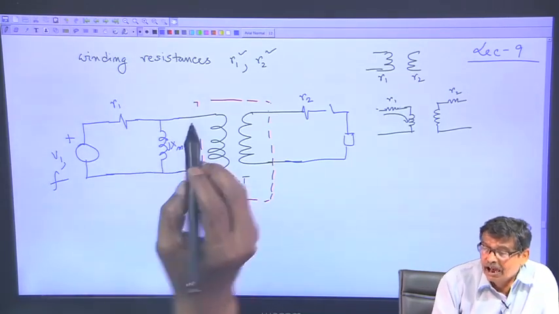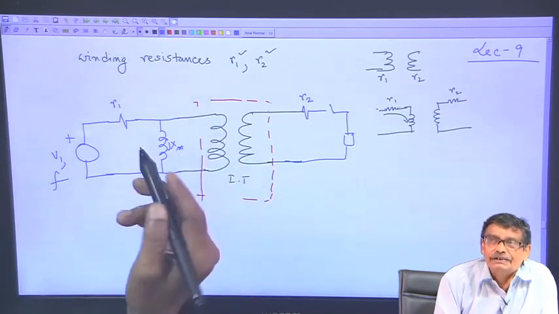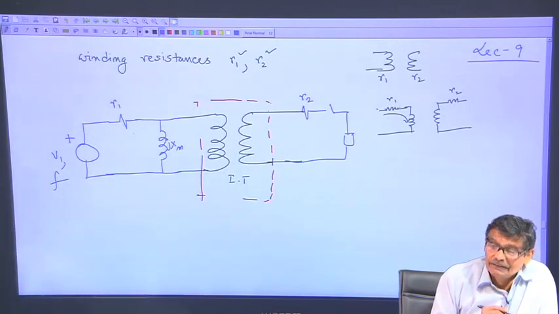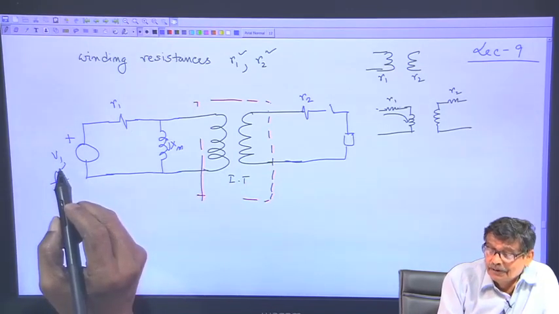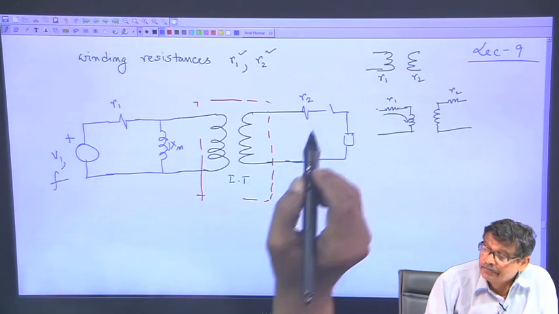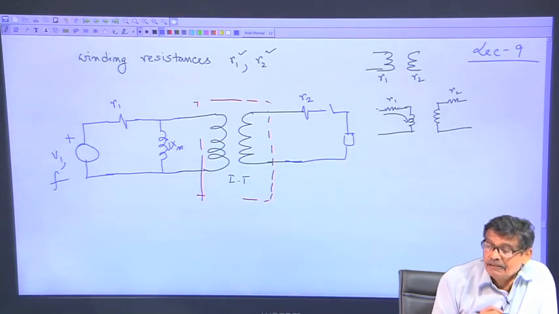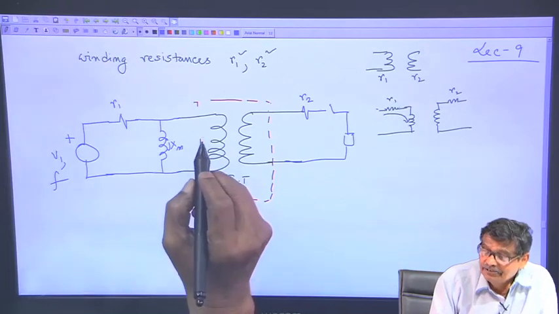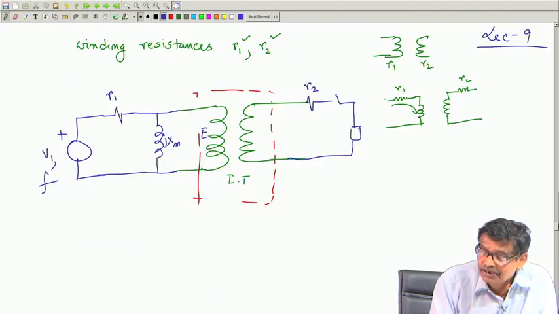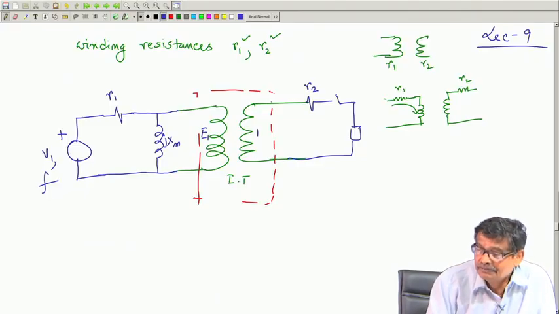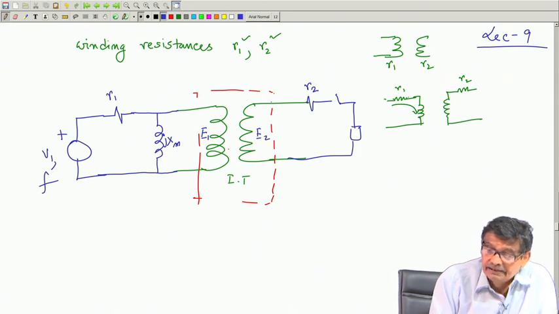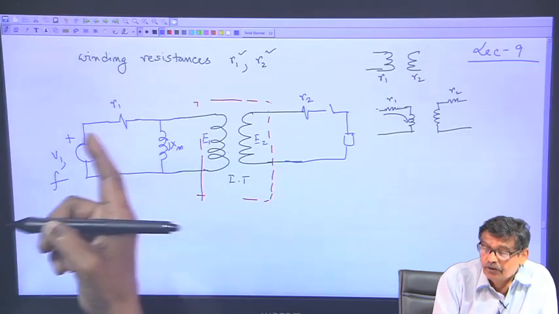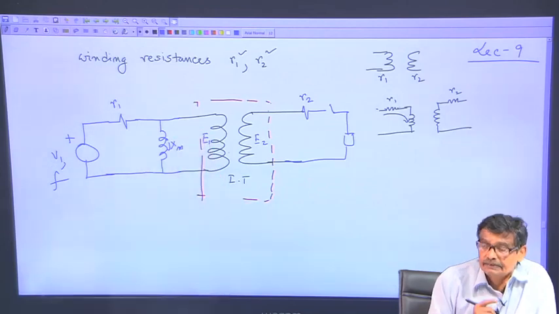So, that is why R 1 should not be shown here, it must be after this. Therefore, this is V 1, this is ideal transformer, this is R 2. Now, the moment R 1 is present, I must also distinguish between E 1 and V 1, there will be a drop here in series.